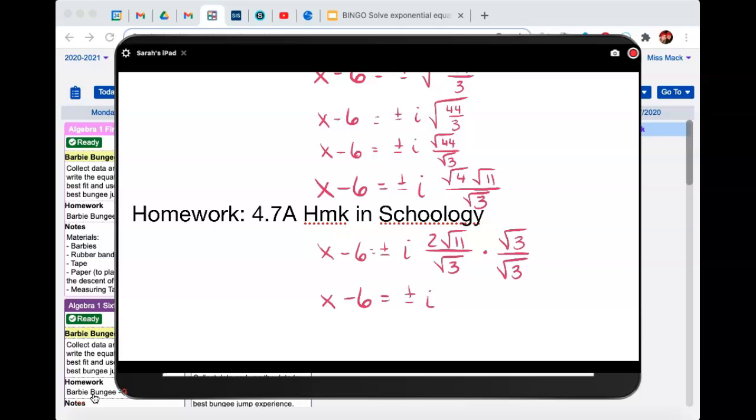Oh. Okay. So what do I have in the numerator? The square root of what? 11 times 3. Which is 33. Yeah, 11 and 3 are both underneath the square root.